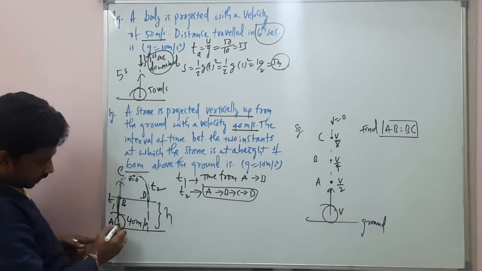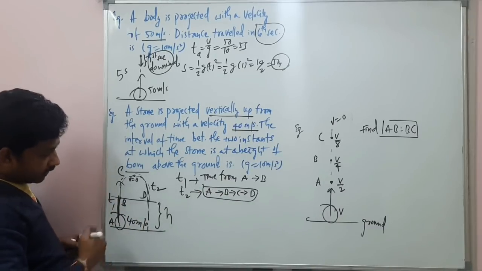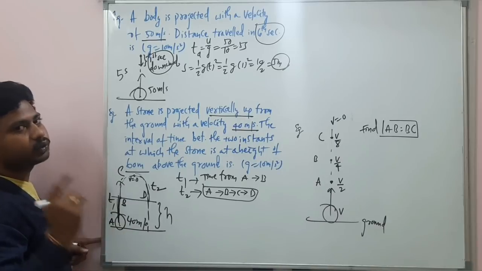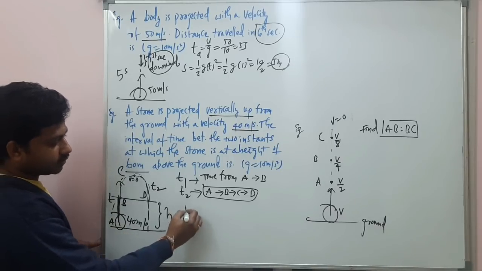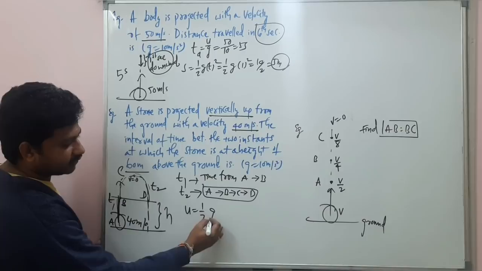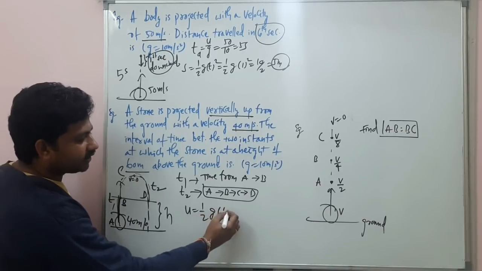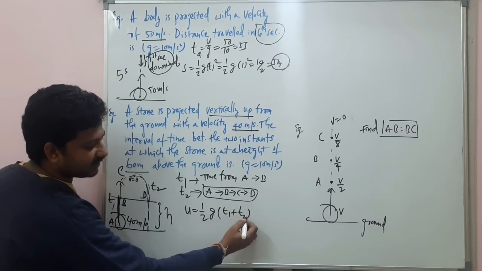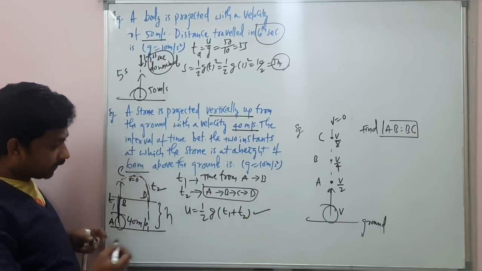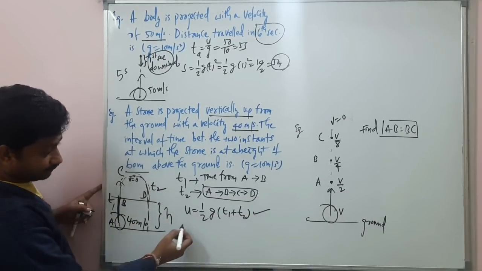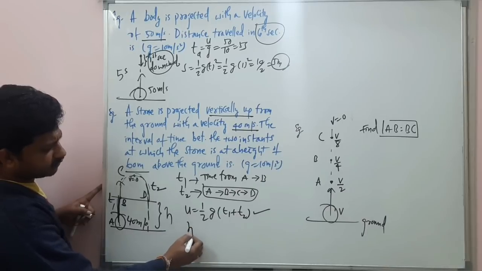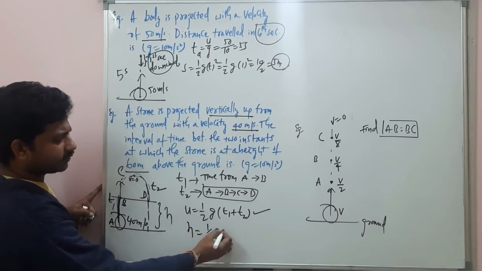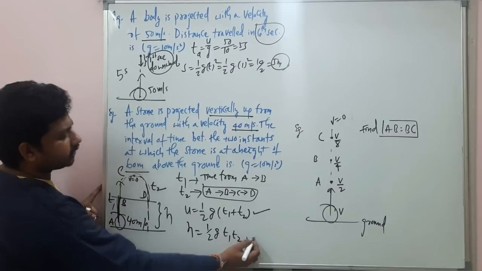T1 is only from A to B. In this case, I had given you two formulas. What is that? u is equal to half into g into (T1 plus T2) and this we have derived even. Okay, and the next I have given you another formula, h is equal to half into g into T1 T2. Remember this.